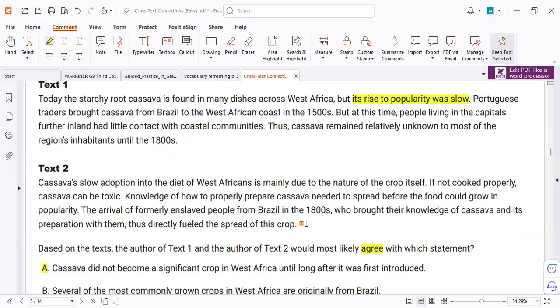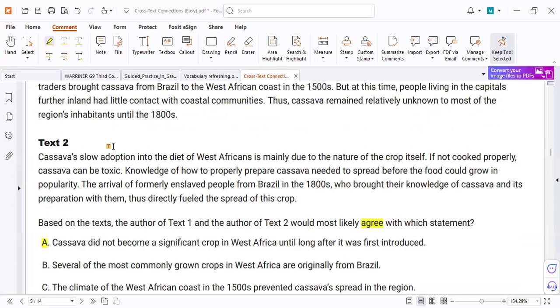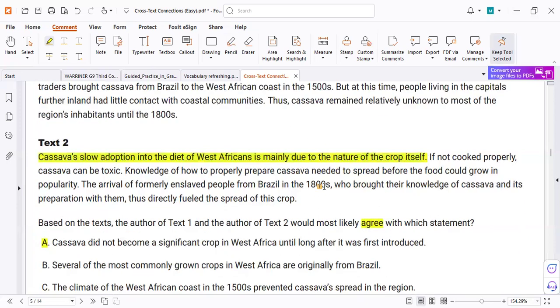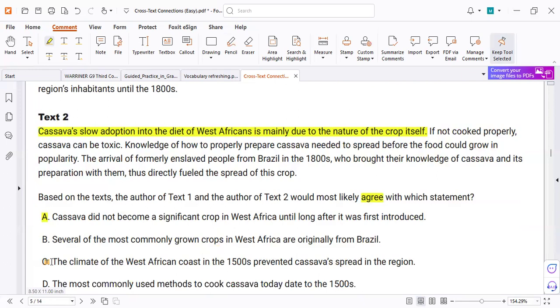The second one mentioned that cassava's slow adoption into the diet is mainly due to the nature of the crop itself. That means he agreed with the same point, adoption into the diet. So this means people do not know it. So he agrees with him about this point. That is the same.